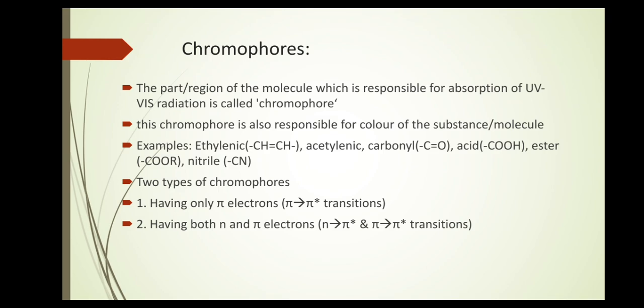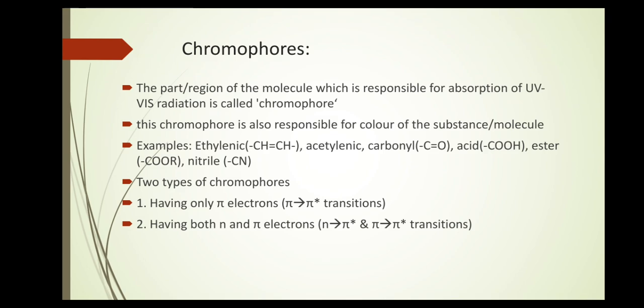All these groups contain either pi electrons or pi and non-bonding electrons. The alkene, CH double bond CH, has a pi bond. Acetylene has 2 pi bonds. The carbonyl function has a pi bond between carbon and oxygen, and oxygen also has lone pairs of electrons.